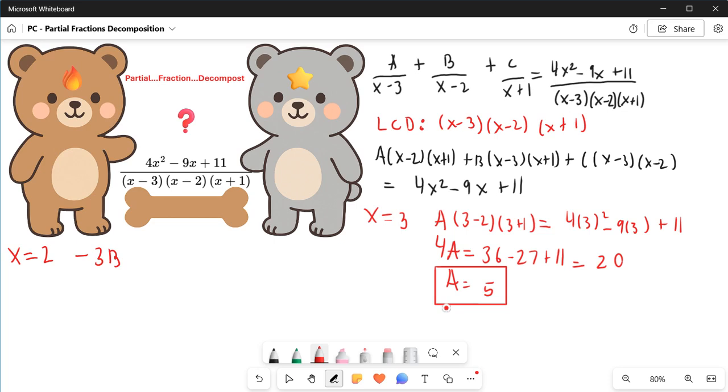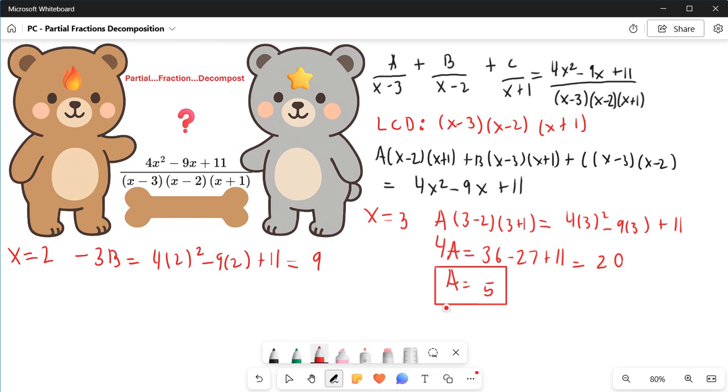But then over here, that's going to equal 4 times 2 squared minus 9 times 2 plus 11. Now, 4 times 4 is 16, plus 11 is 27, minus 18, well, that's going to give you 9.